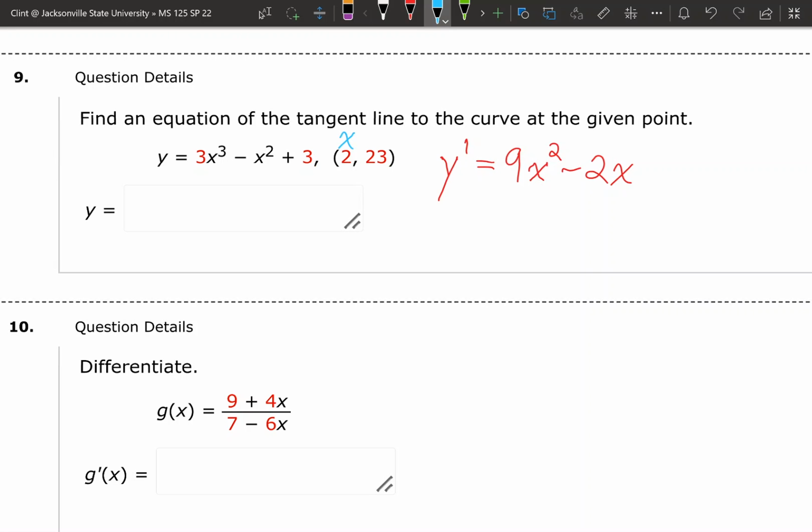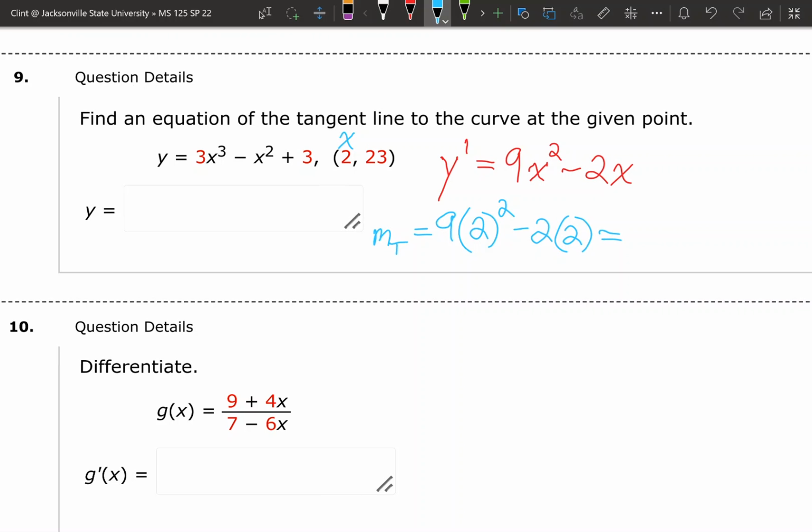The derivative gives us a formula for the slope of the tangent line anywhere for any x value where it's defined. And so to find the slope of a specific tangent line, we just plug in the x value. So if we do 9 times 2 squared, this is our slope of our tangent line, minus 2 times 2.